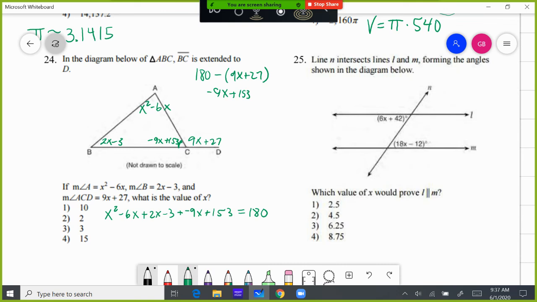We're going to combine like terms. So negative 6x plus 2x is negative 4x minus 9x is negative 13x. And then negative 3 plus 153 is 150.